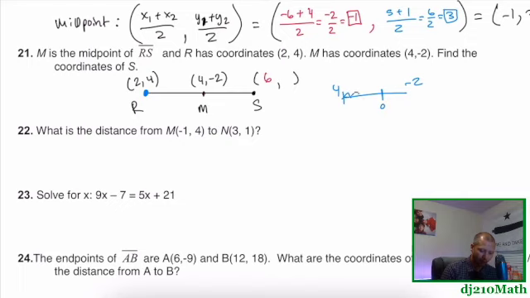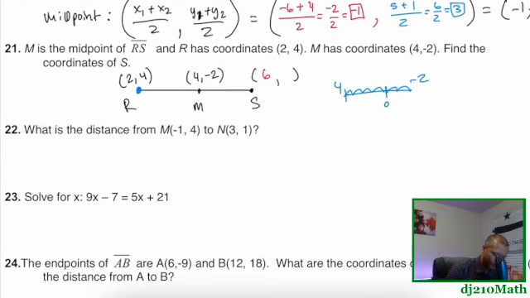So you have 4 spots and then you have 2 spots. So it's a total of 6 spots. So you're moving 1, 2, 3, 4, 5, 6 to get to -2. Because it's the midpoint, we have to go 6 more. So -2, -3, -4, -5, -6, -7, -8. So the coordinates are 6, -8.